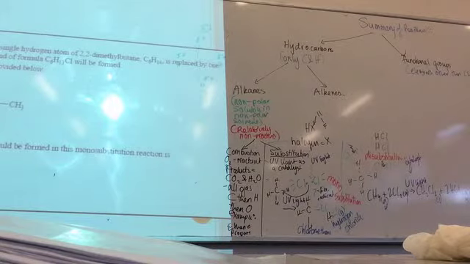Now, you could replace it at the end. It's still a butane. It'd be 1-chloro-2,2-dimethylbutane. Now, if you replaced it with a chlorine up at the top there on that methyl group, would it make a different compound to what you were saying?